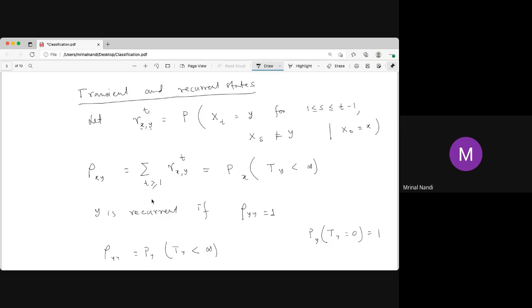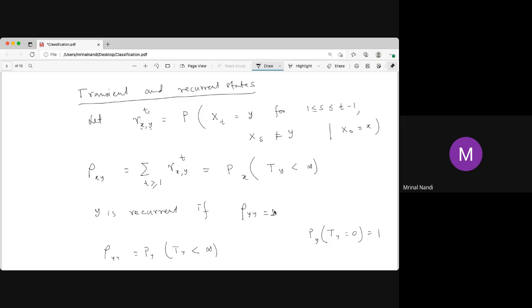Now if this probability is 1, that means it starts from y and should reach y with probability 1. It may take some steps. It may be, say, with probability half, it reaches y again after one step. After two steps, it will reach y again with probability 1/4. With probability 1/8, 1 by 2 cube, it reaches y again after 3 steps.